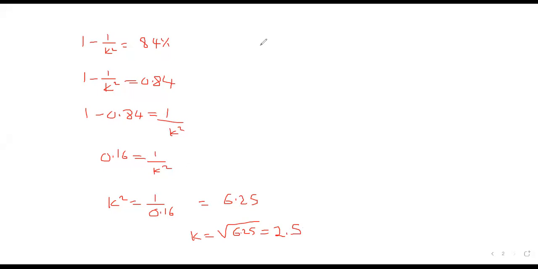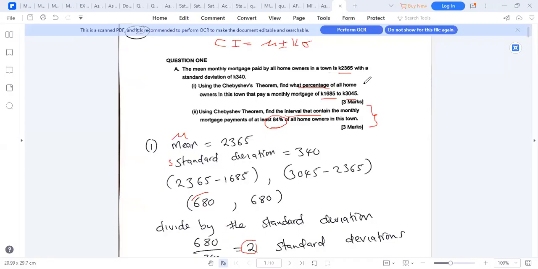Now, what is the confidence interval for Chebyshev rule? Mu plus minus what? K sigma. What is our mu? From the question, our mu was 2365 and standard deviation was 340.